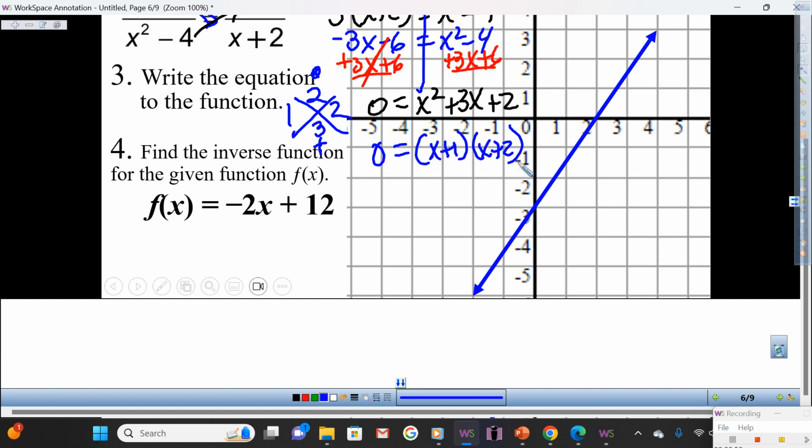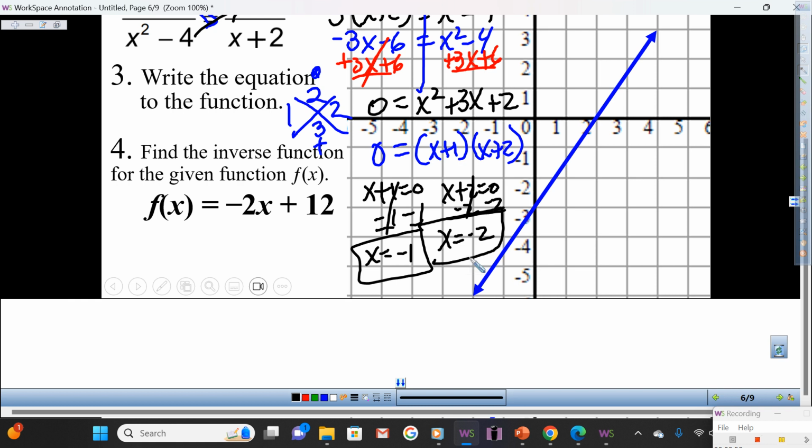What do I do from there? Anthony E. Both equal to 0. X plus 1 equal to 0. X plus 2 equal to 0. Solve. X equals -1. X equals -2. Hands if you got something like that.